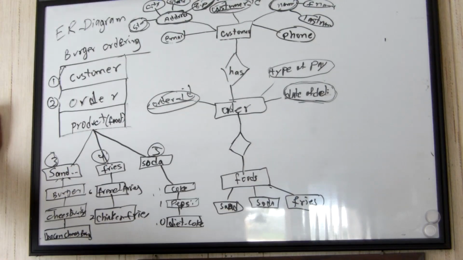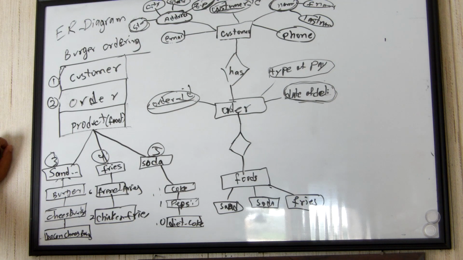We cannot put anything else, because customer ID is the primary key, and there is no other attribute that we can substitute for that.